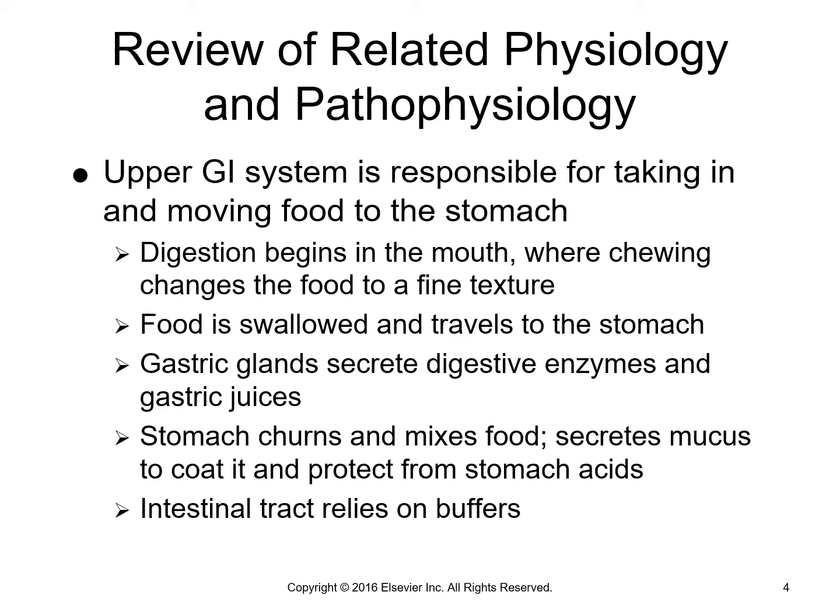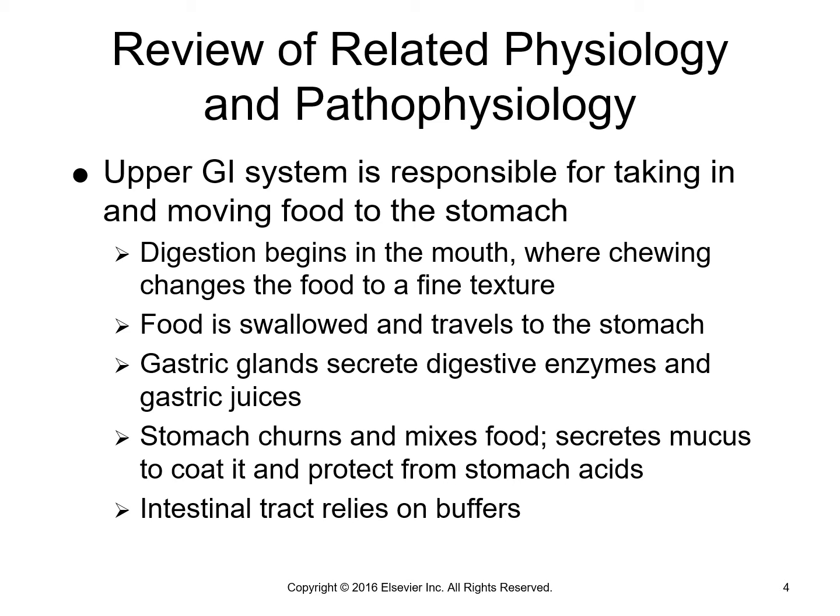Gastric glands secrete digestive enzymes and gastric juices. And the stomach churns and mixes the food. It secretes the mucus to coat the stomach and protect it from the stomach acid. So it has its own coating agent. Because your stomach can be very acidic, especially during digestion, it releases hydrochloric acid for breaking down the food that you're taking in.